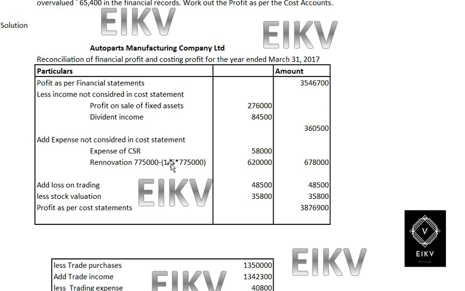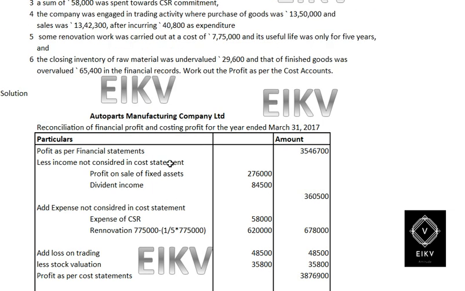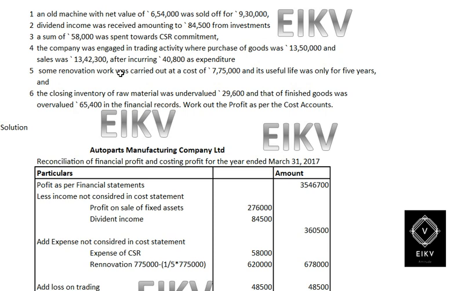Then renovation expenses. Renovation expenses is 7,75,000. Some renovation work has been carried out at a cost of 7,75,000 and the useful life is 5 years.